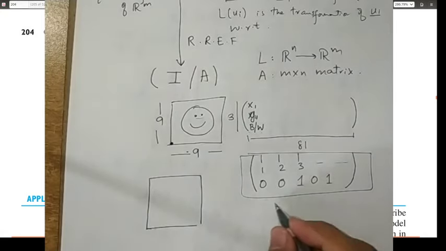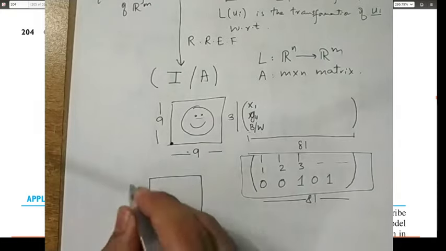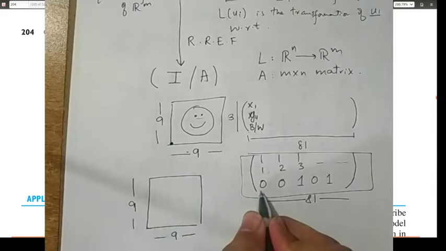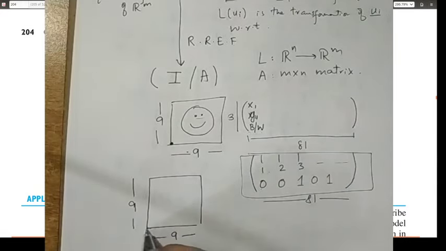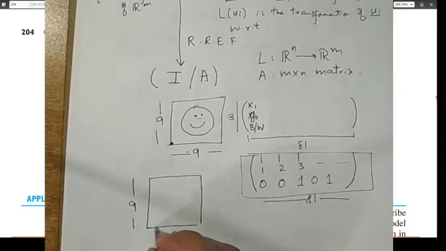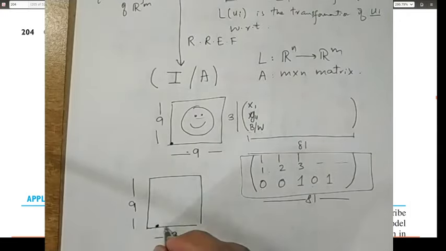I know that there are 81 columns, so this is 9 rows and 9 columns. And so for the coordinate 1, 1, I will check whether to shade this or not. This number is 0, so I won't shade it. This number is 0, I won't shade it. The next one is 1, so on the third coordinate, I will shade it. And then in the next coordinate, I will leave it blank. The next coordinate, I will shade it.